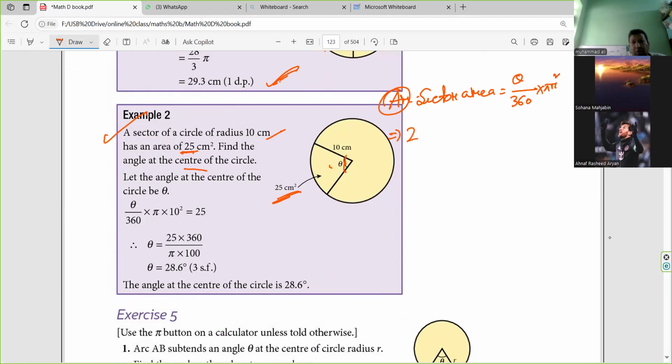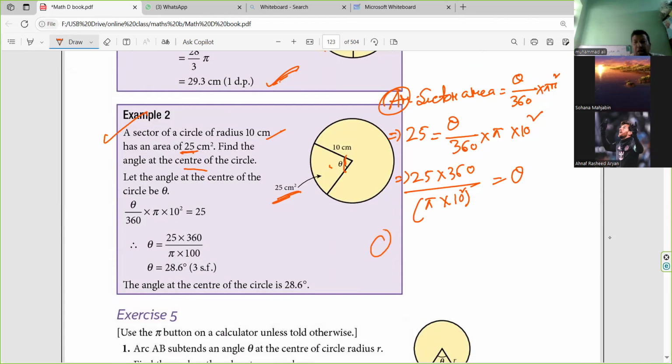Sector area is 25. Theta we don't know, 360 multiplied by pi, r is 10 squared. So finally 25 multiplied by 360 divided by pi multiplied by 10 squared, that means 100, equals theta.